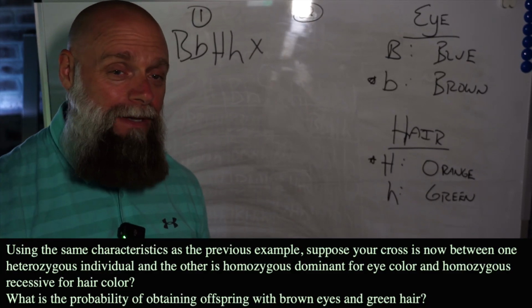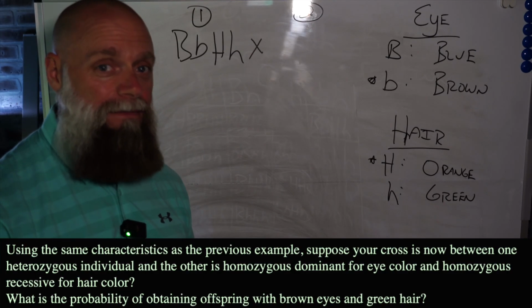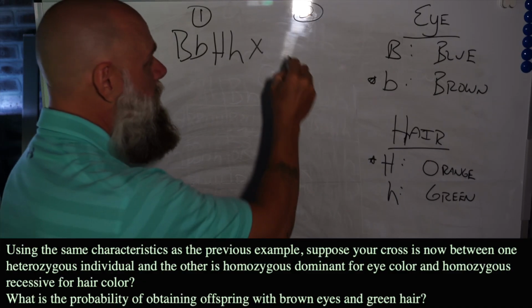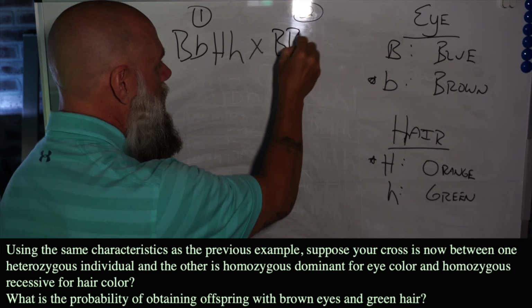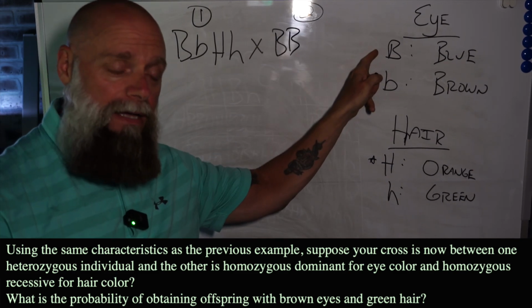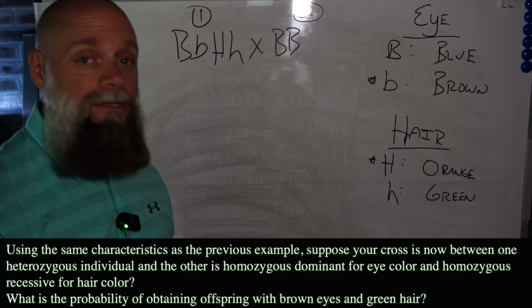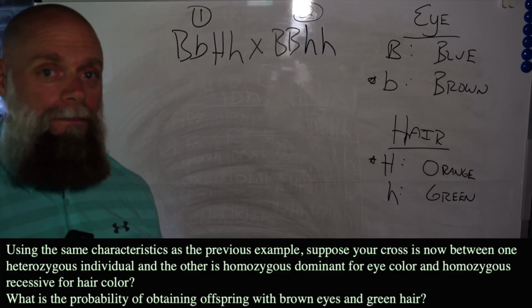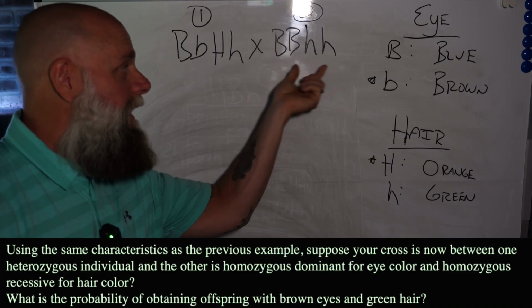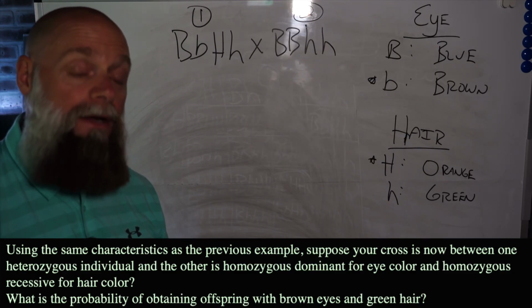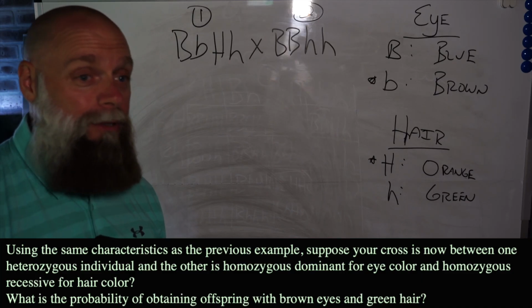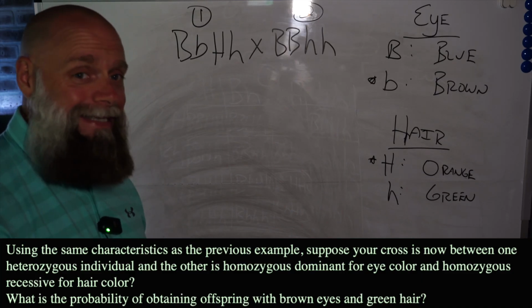But the second organism involved in this cross is homozygous dominant for eye color and homozygous recessive for hair color. Okay, so homozygous dominant for eye color, homozygous recessive for hair color. How do we set this up? Little clue, we do not need 16 combinations.